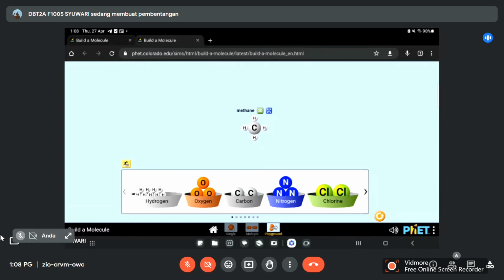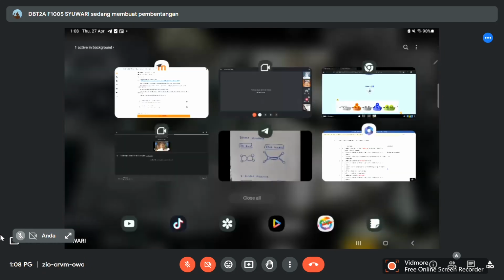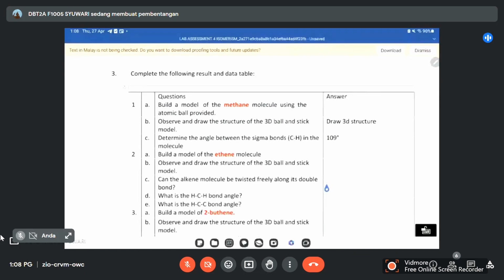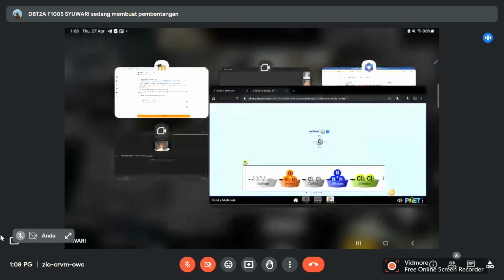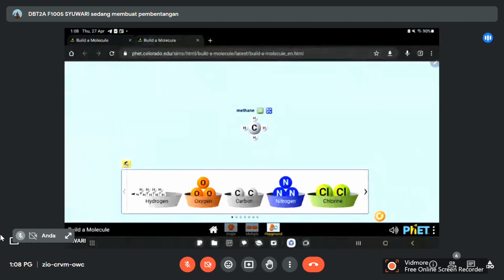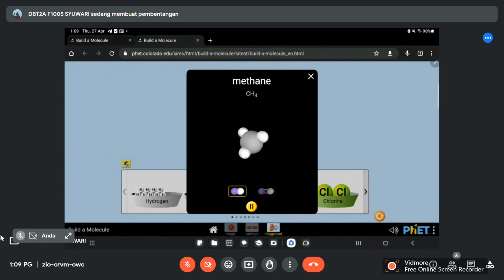Okay, so this is a methane molecule. To answer question 1B, observe and draw the structure of the 3D ball and stick model. If we want to observe the 3D structure, we must click on the 3D button and it will show the structure.